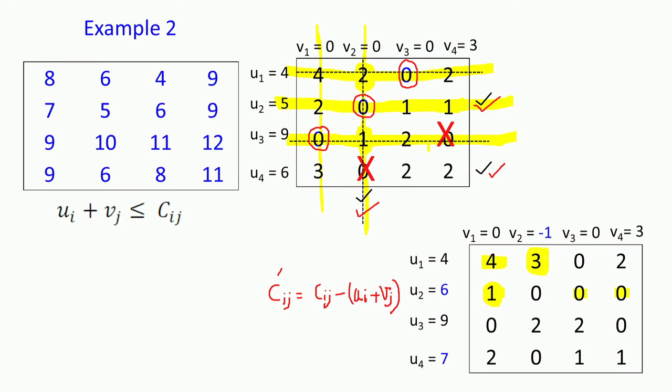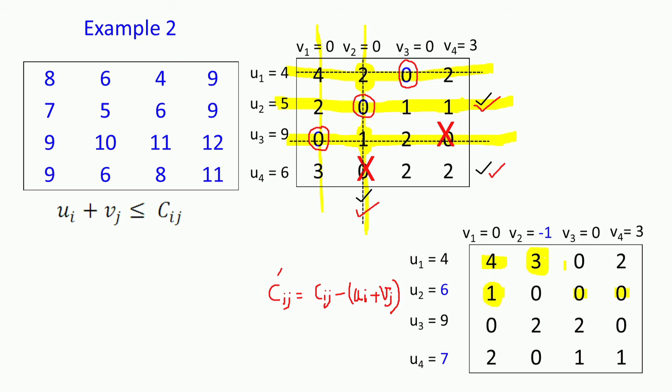It is also Vj is equal to Vj when there is no line, which means the v's are the same, and Vj is equal to Vj minus theta when there is a line passing through a column. And by redefining the u's and v's, we are now creating another Cij minus ui plus Vj matrix.